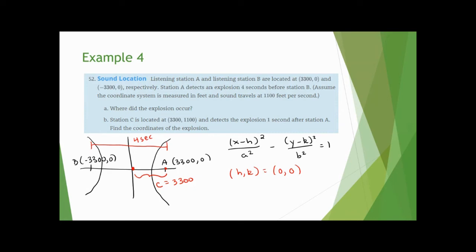Well, we know how far that distance is: 3,300 times 2. But the system is detecting it on the hyperbola, so really this 4 seconds is telling us where the vertices are.